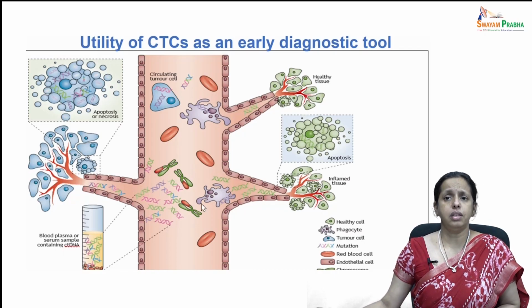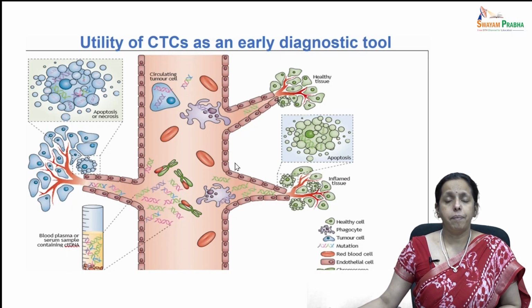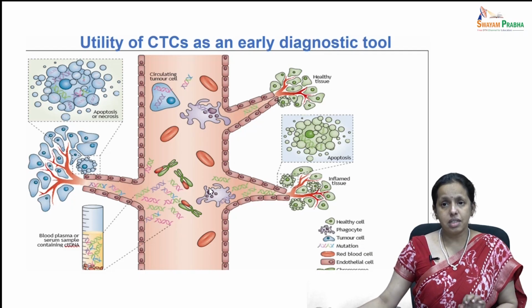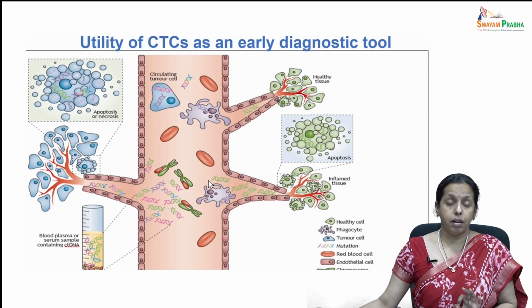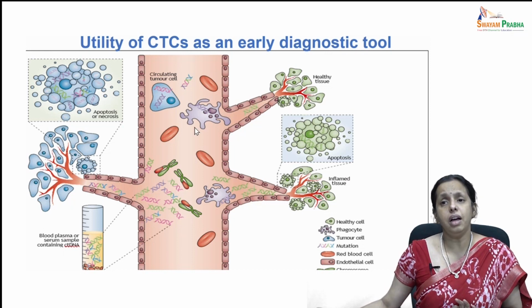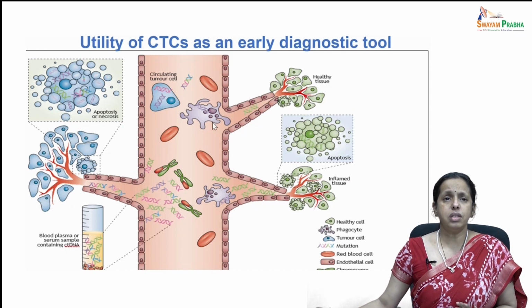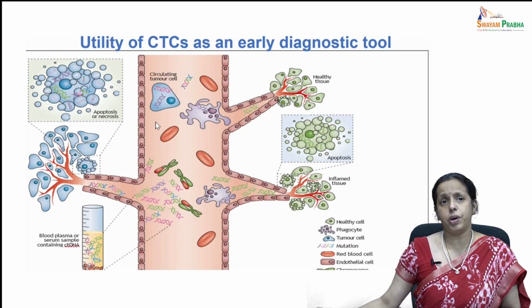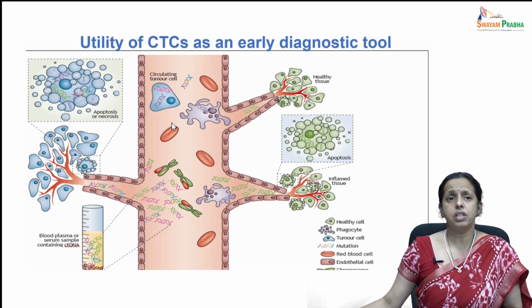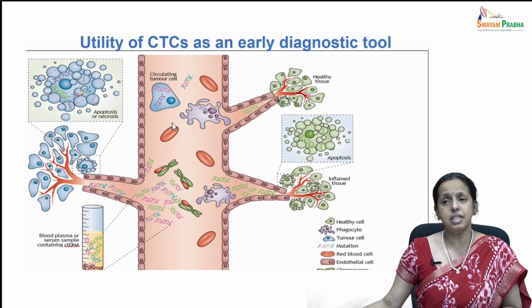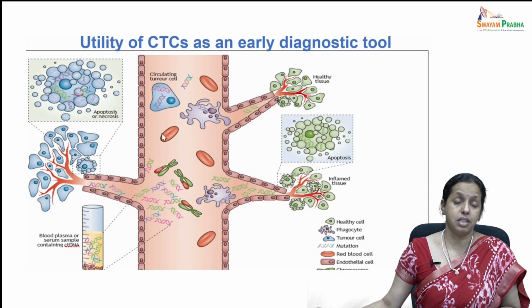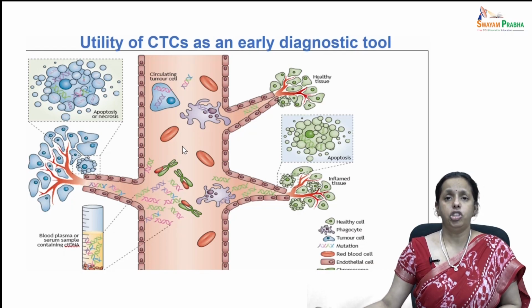So this interaction between the CTC and the blood environment is very critical: how the CTCs escape the immune surveillance in the blood. This particular property is very well associated with the metastatic mechanism of the CTCs and the metastatic property of that particular tumor.